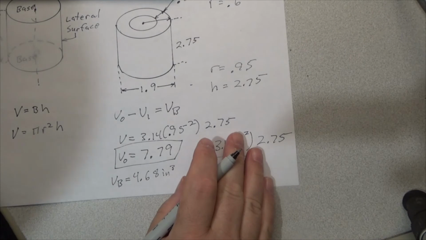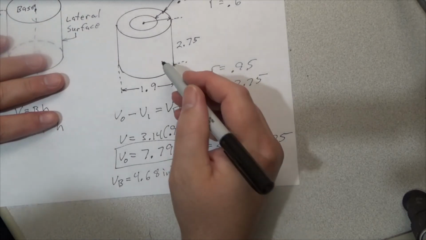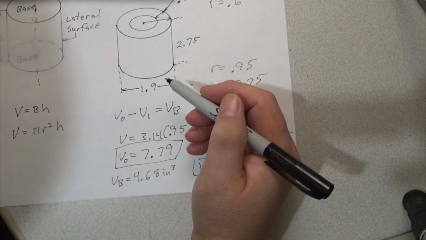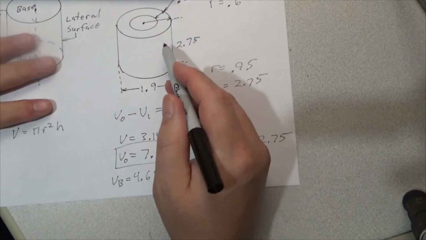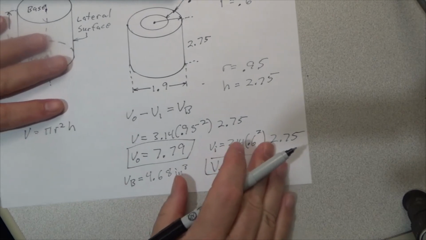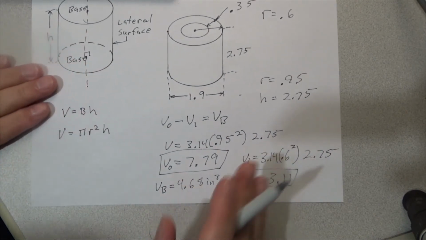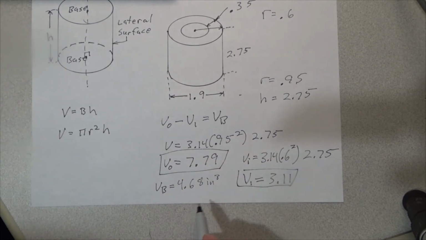Okay, so they're telling us in part B that the bushing weighs 1.5 pounds. And this is the cubic inches. So what they want is the weight of 1 cubic inch.